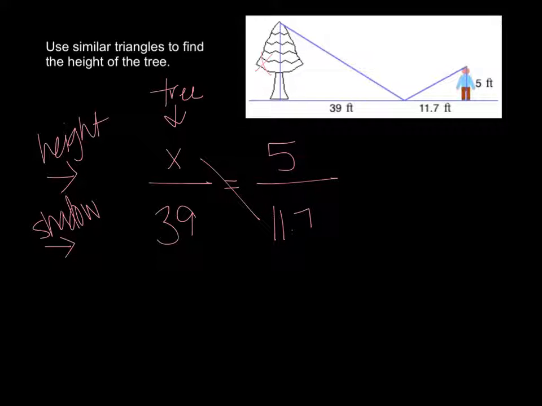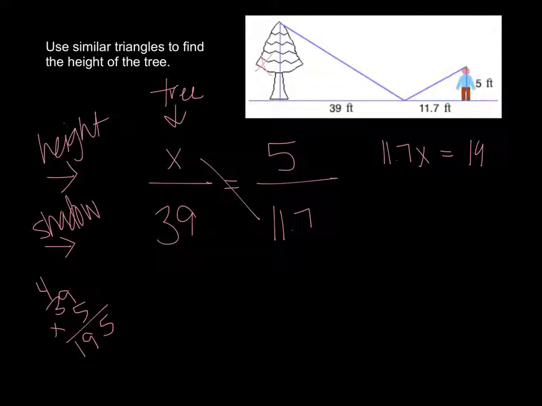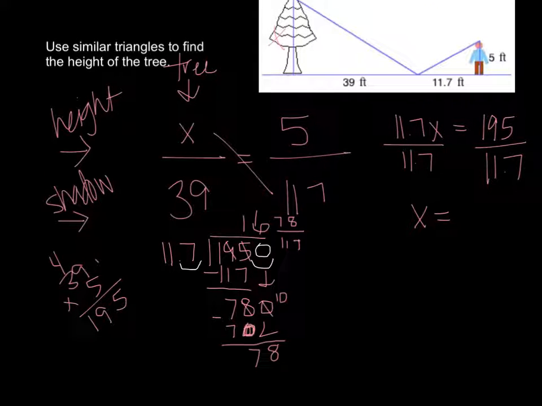Now we'll do our cross products. 11 7/10 x equals 39 times 5, equals 195. Now we have to divide by 11 7/10. When I divided this out, I saw that I was going to get 16.6666666, and so I decided to turn it into a fraction.